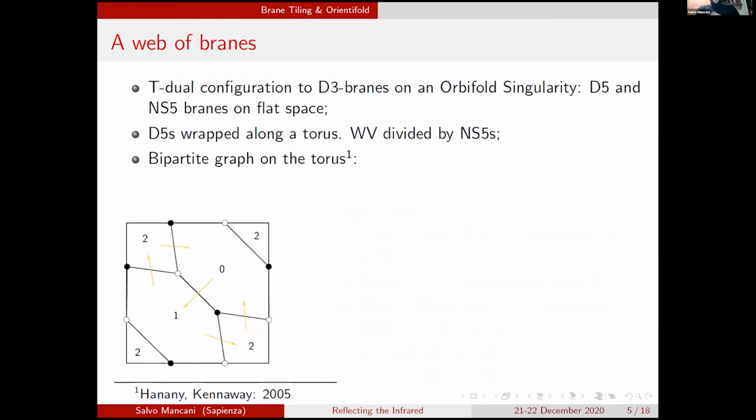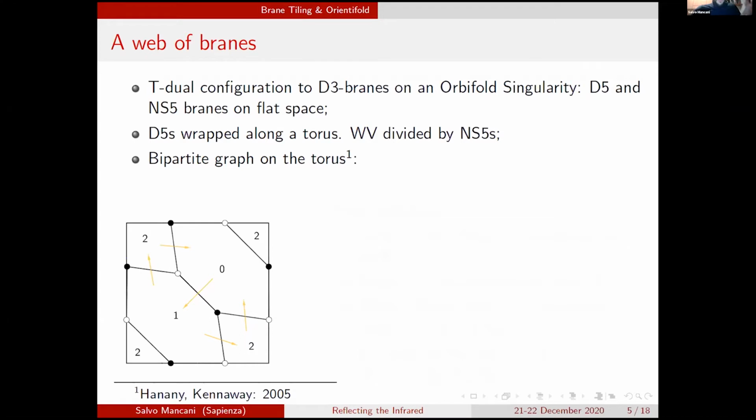Now, we can represent these quiver gauge theories with the tools of brane tiling and dimer models. This construction arises in the T-dual configuration, in which we have a stack of D5-branes wrapped along the torus and NS5-branes wrapping one-cycles of the torus itself.